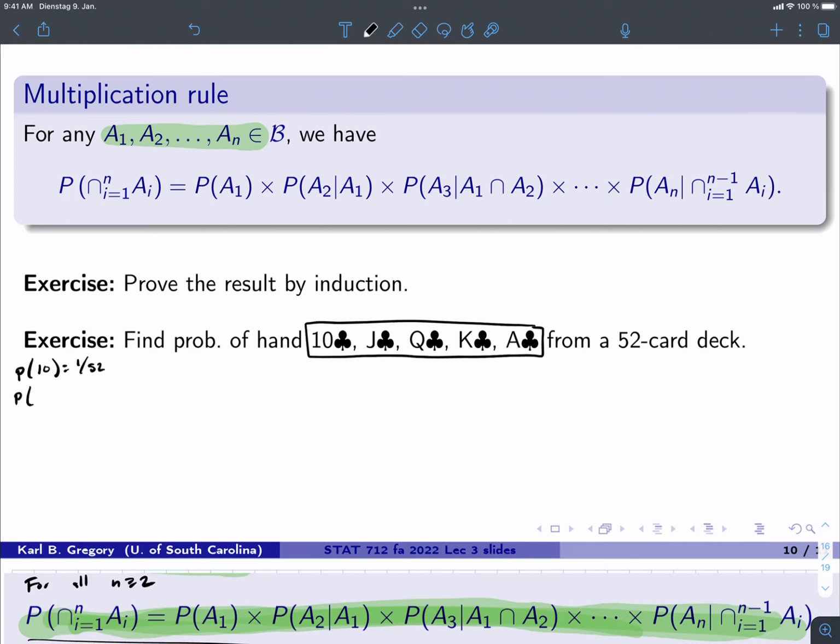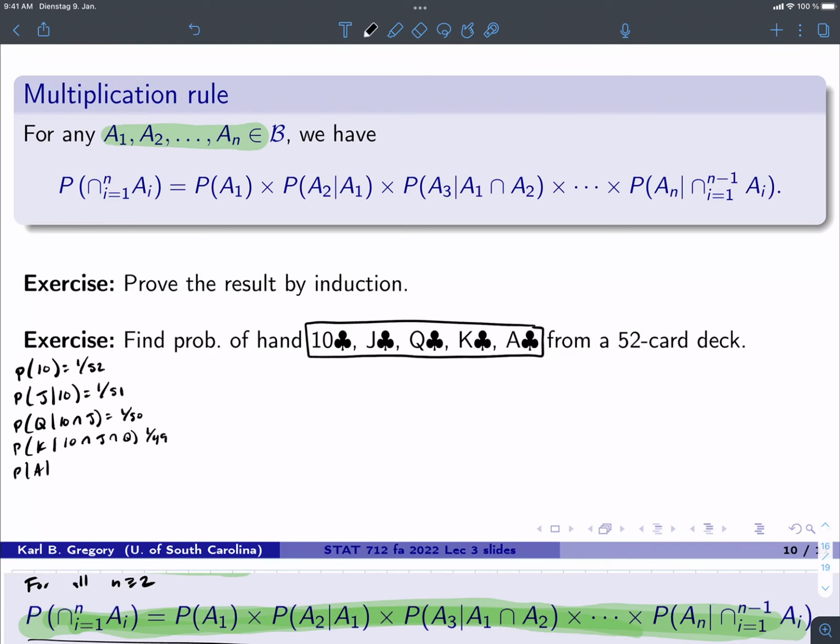Then the probability of drawing the jack, given that you've drawn the 10, would be 1 out of the 51 remaining cards. Then the probability of drawing the queen, given that you've drawn the 10 and the jack, would be 1 out of 50. The probability of drawing the king, given that you've drawn the 10, the jack, and the queen, would be 1 out of 49.